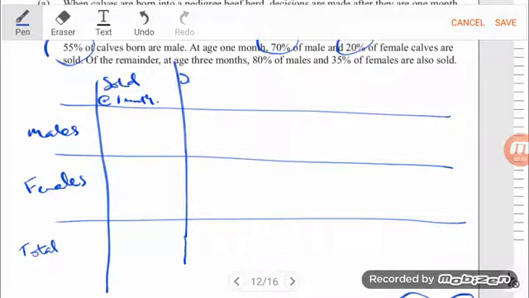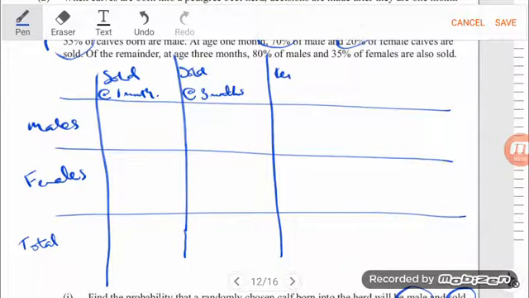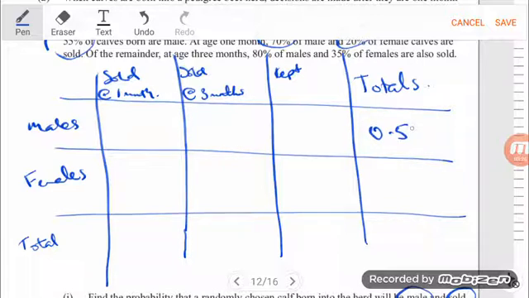So we'll say sold at 3 months, we'll say kept, and we can have our totals. We know that the males should total 0.55 because that's 55%. The females, as a result, have to be 45%. Okay, and the total should be 1.